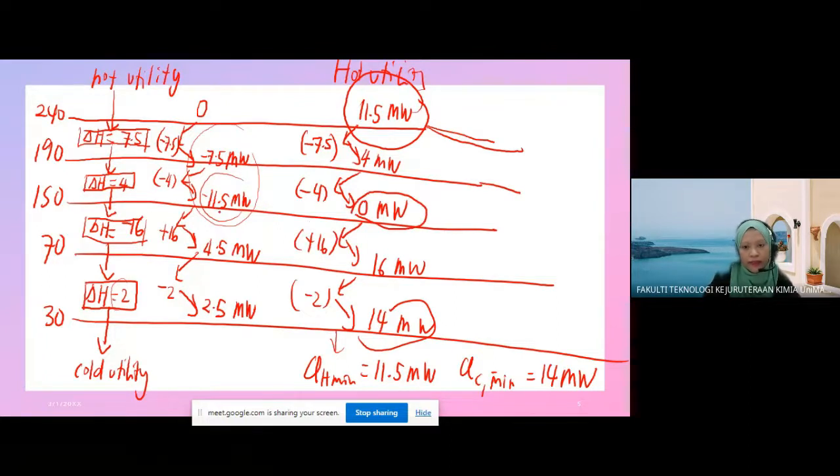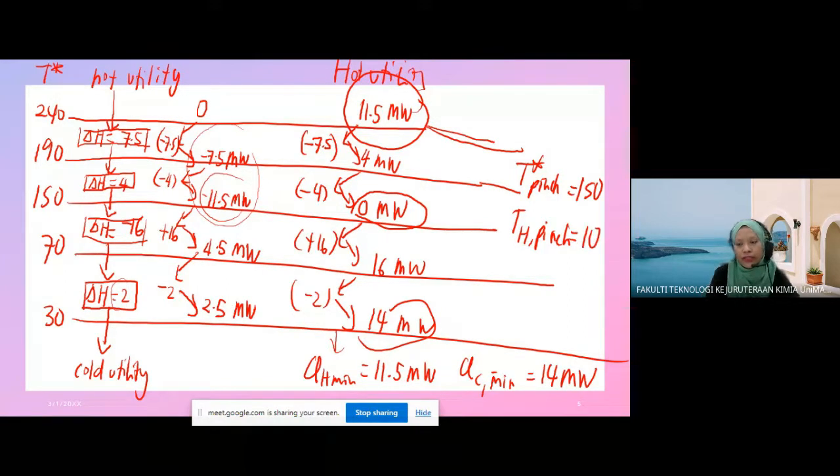So T pinch is equal to 150. This is the interval temperature, so the actual one for the hot stream, you need to add 10, because just now you subtracted 10.